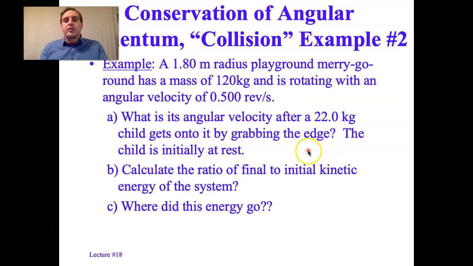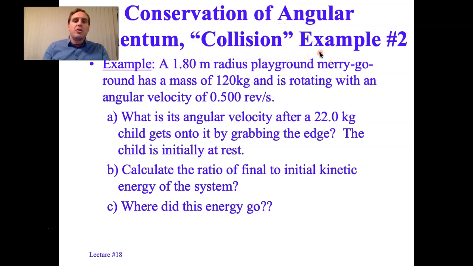Now here's a question. What about conservation of momentum for collisions? Previously, with linear collisions, we said that we could have elastic or inelastic. Well, what about if a child jumps onto playground equipment that's spinning? This is essentially a rotational collision.